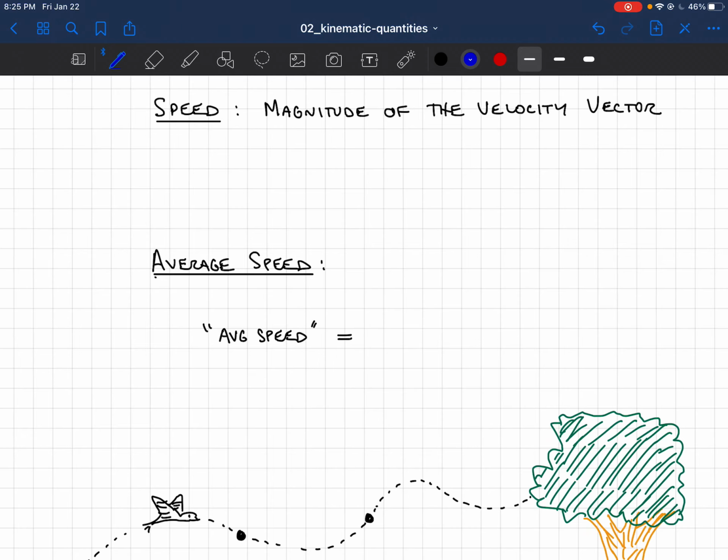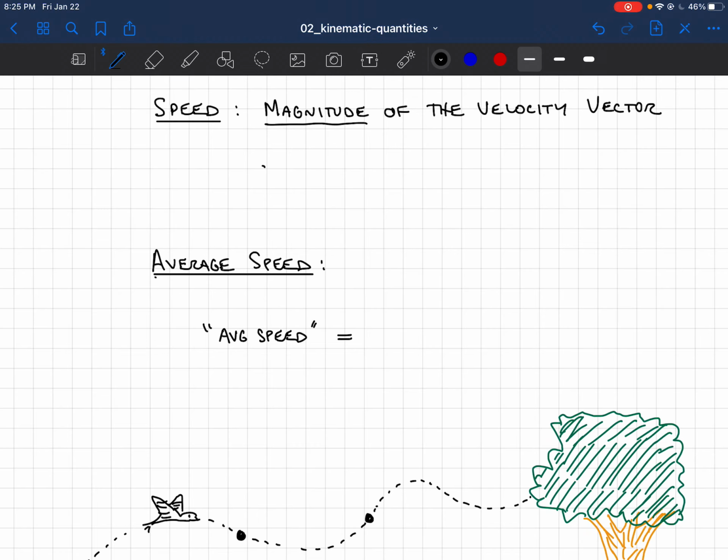So we already have a definition for average velocity. That is a vector. So if you're ever asked for the average velocity, you need to return a vector in your answer. The speed is not a vector. The speed is a scalar because it's defined to be the magnitude of the velocity vector.